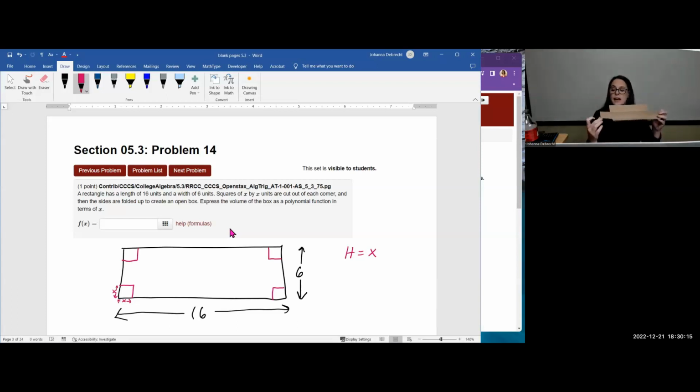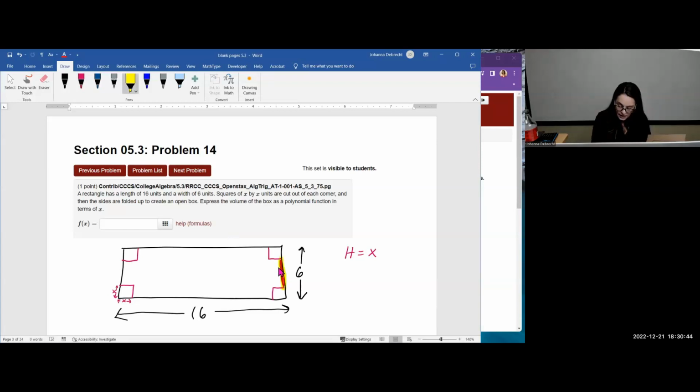I know this is x, and I know this is x, but do I know that this side is x? I know the shape, the corner is x, but I don't know about this right here. So let's look at our shape and figure out what this would be. So when we fold it together, we're talking about this region right here. Maybe I should highlight it.